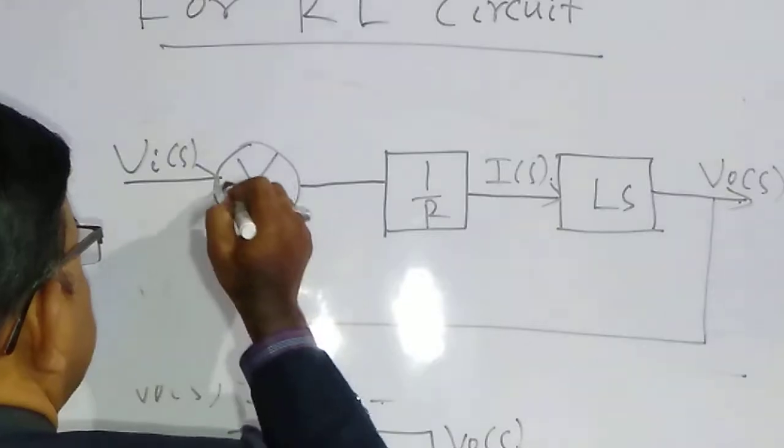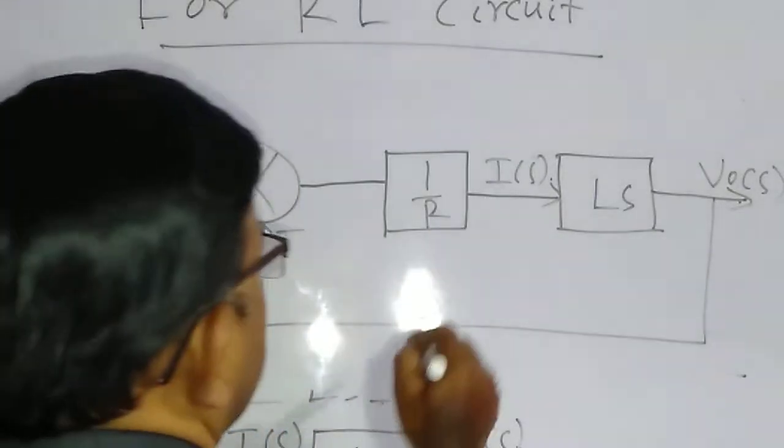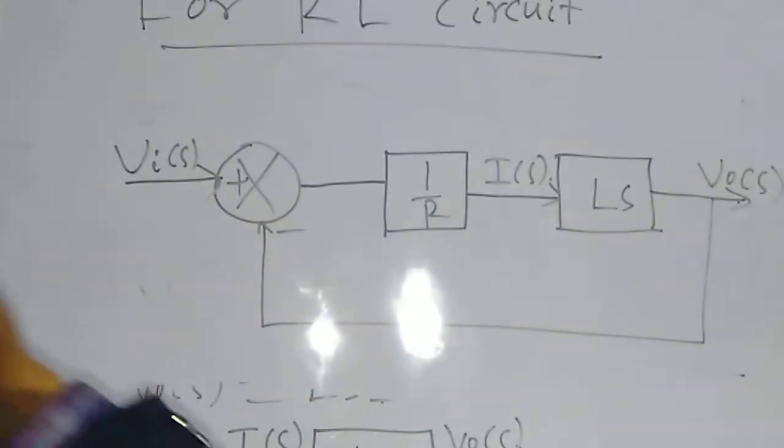This will be minus, this will be plus. So this is the block diagram representation of the RL circuit.